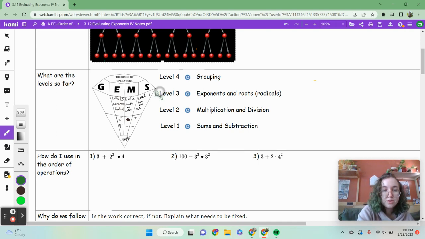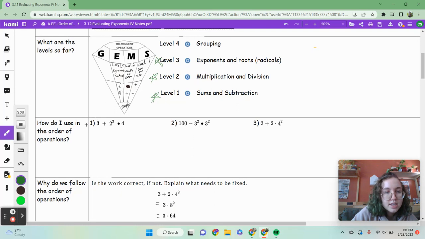So we have level 3, we have level 2, and we have level 1. If you remember, we go from left to right, and we solve the operations in order from highest level to lowest level. We start with the higher level ones, and then we simplify down to level 1.